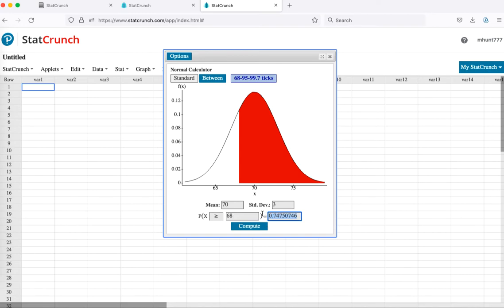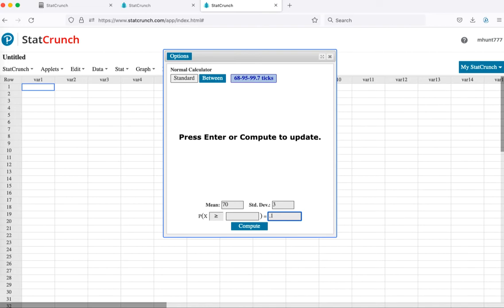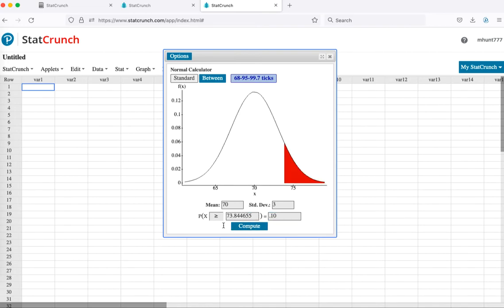The top 10% would be 0.10. And we're going to compute, and there you have it. As far as the heights go, the top 10% are taller than 73.84 inches.